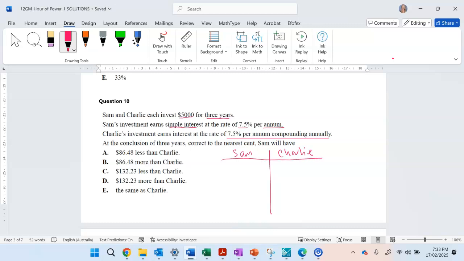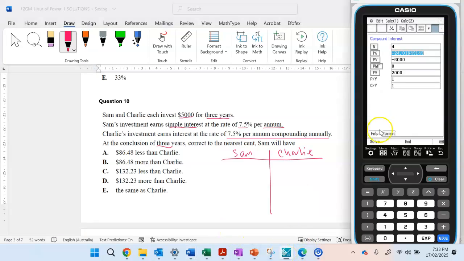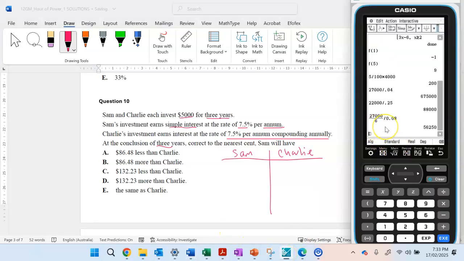Sam is simple interest at a rate of 7.5% per annum, for 3 years. So on the calculator, 7.5 over 100, just to turn it into a decimal, and multiply that by 5,000.